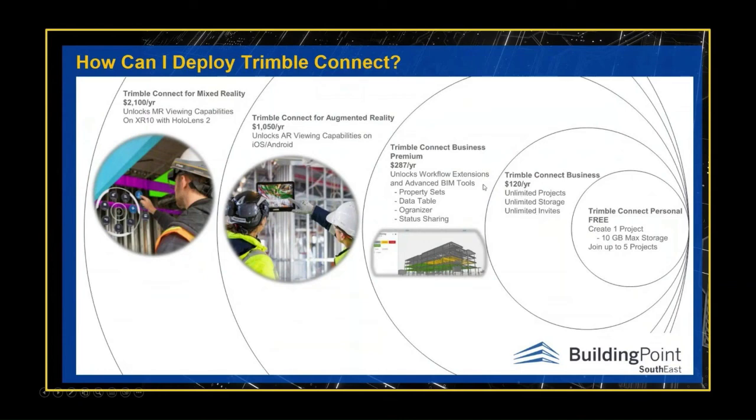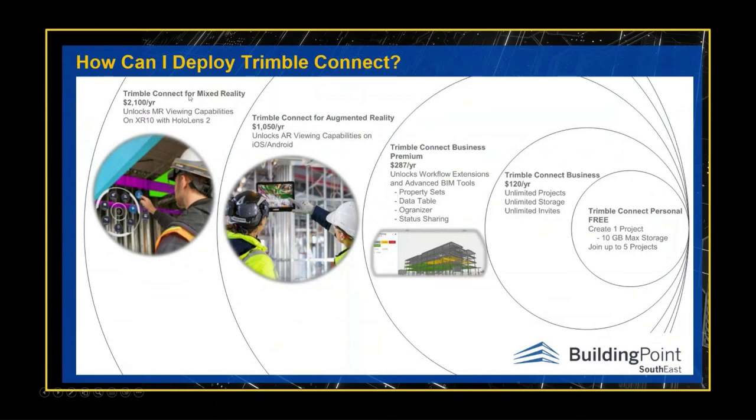And then the business premium from there goes into the property sets, data tables, the organizer, and status sharing. Really starting to dig into that data side, like I was showing a few slides back. So that's $287 a year. And then Trimble Connect for augmented reality is about $1,000 a year. That's what enables you to view it on your iPad or your iPhone and do that overlay.